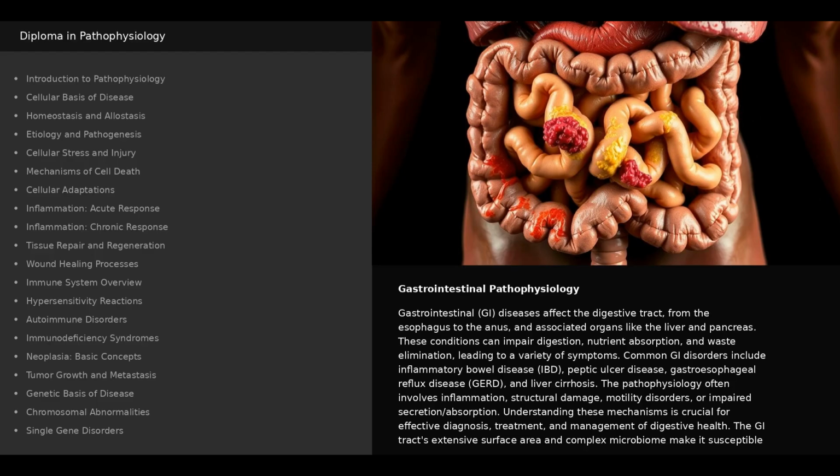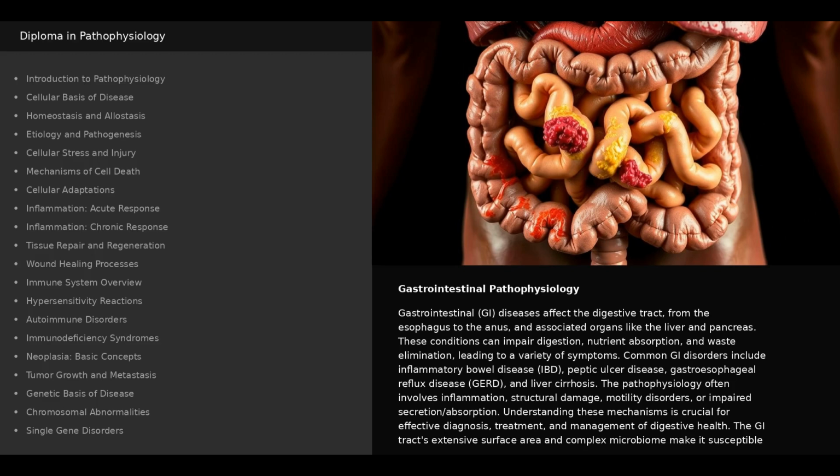Common GI disorders include inflammatory bowel disease, IBD, peptic ulcer disease, gastroesophageal reflux disease, GERD, and liver cirrhosis. The pathophysiology often involves inflammation, structural damage, motility disorders, or impaired secretion and absorption. Understanding these mechanisms is crucial for effective diagnosis, treatment, and management of digestive health.